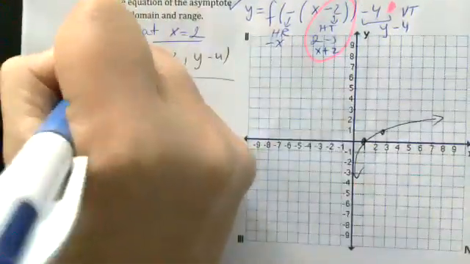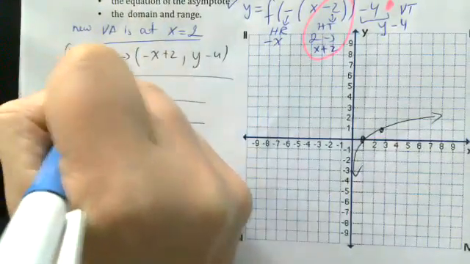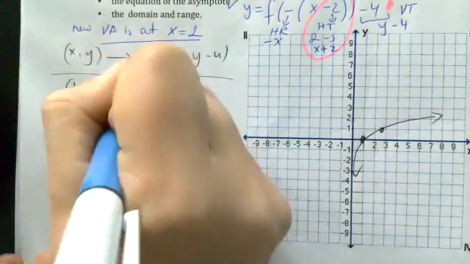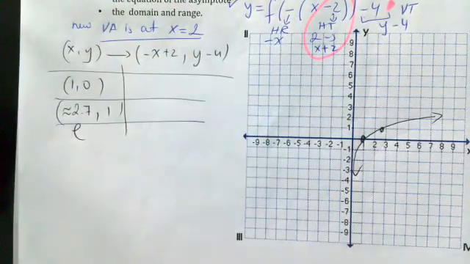The points are going to be (1, 0) and (2.71, 1). Remember, that's e. Now, for sketching purposes, you need the approximated value so you can get another point, right?